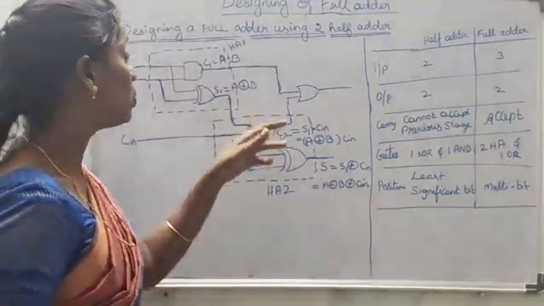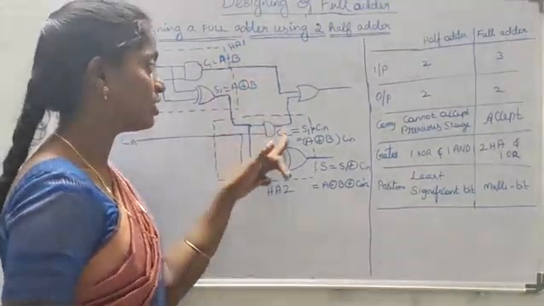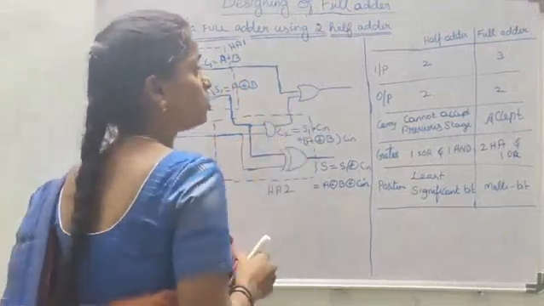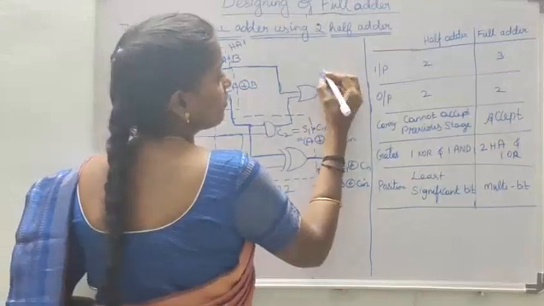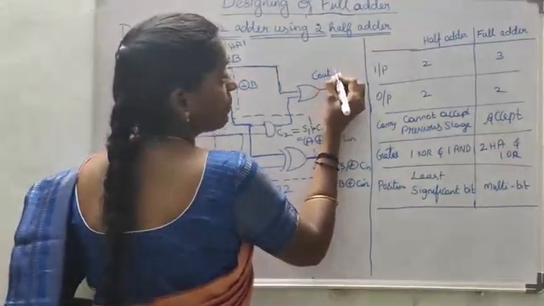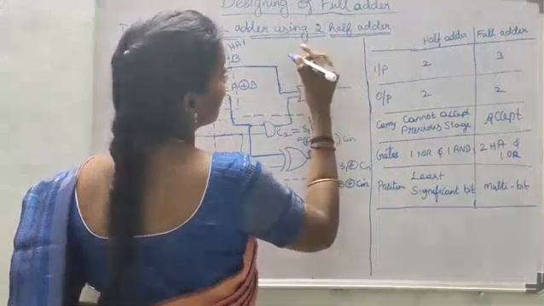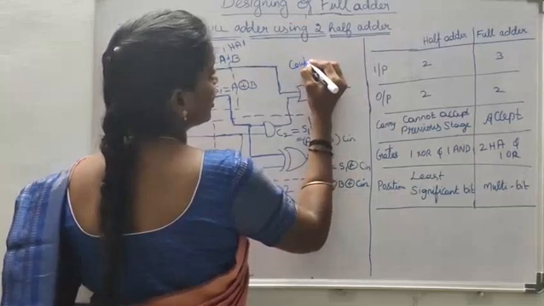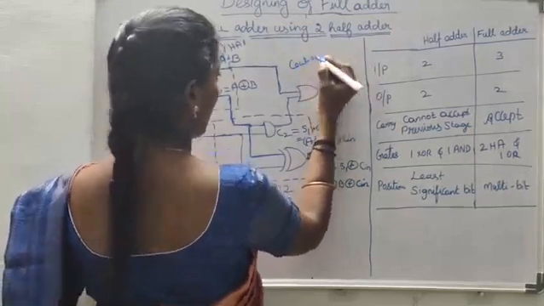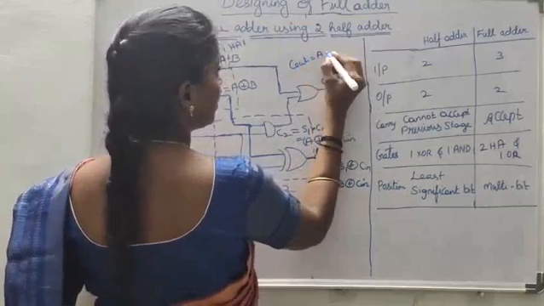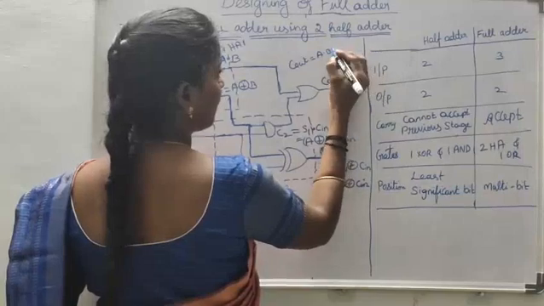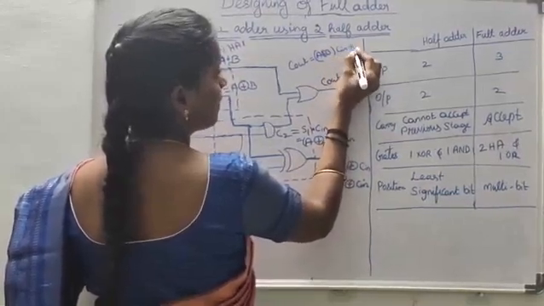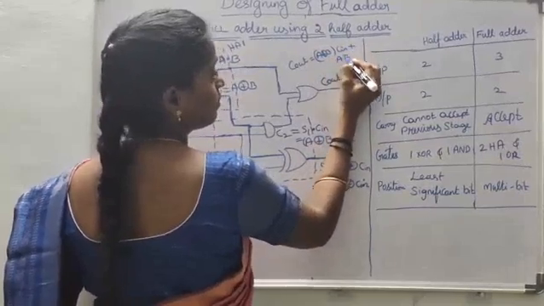Now we have two carries, C1 and C2. These C1 and C2 are connected to the OR gate. Then the final output C out will be A dot B plus A XOR B dot Cin.